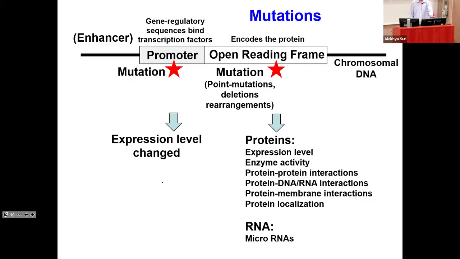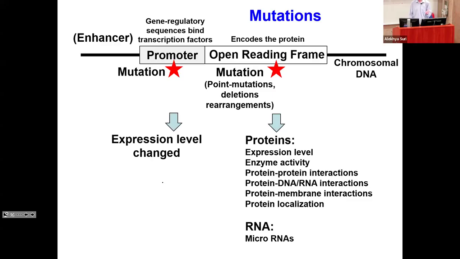Again, a mutation in the promoter would have an effect on expression level at all, or also expression at certain times during development. These are effects directly related to the gene, but there are also other RNAs, like microRNAs, that affect expression of a gene.